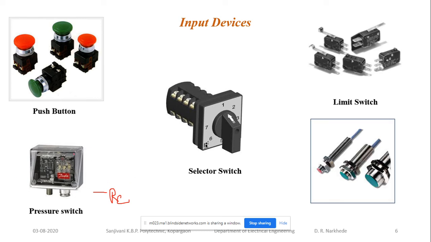Okay, then the most commonly used switches in the industries are called proximity switches. Now proximity switches work in a somewhat different manner. As we have discussed, the limit switch: in case of limit switch, there is a physical contact with the moving part. Okay, whatever the moving part is there, say we have discussed the example of your refrigerator door. When the refrigerator door is closed, at that time the lamp is going to be on and off, but for that purpose the door has to make physical contact with the limit switch.